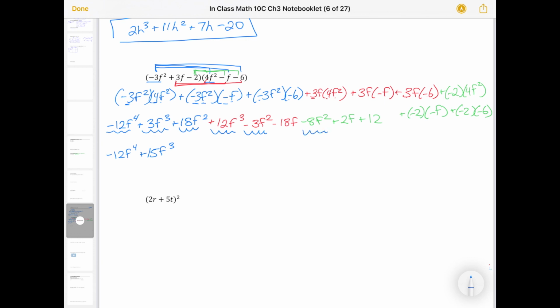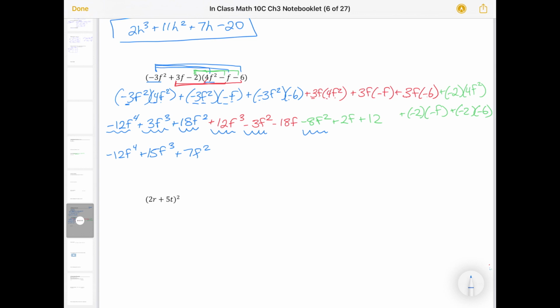So now I'm doing what the numbers say. I've got 18f squared, so 18 minus 3f squared minus 8f squared. So I'm left with a total of 7f squared.